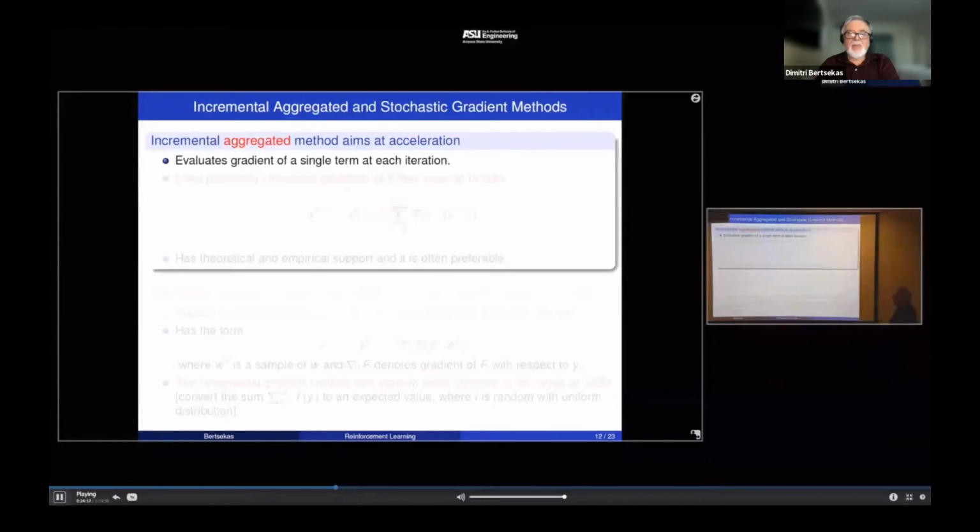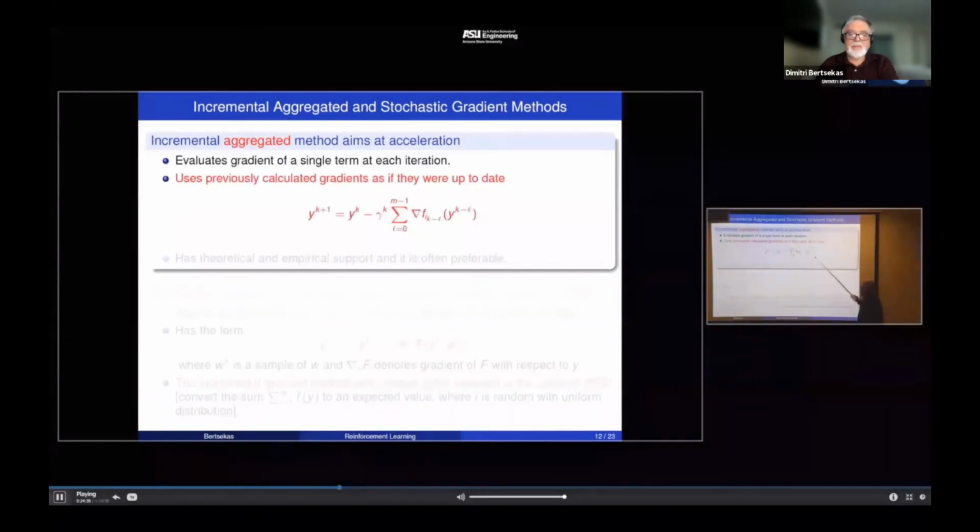Now, there are variants of this incremental gradient idea. There's a method called the incremental aggregated gradient method. This one aims at acceleration, and instead of using a single term, it evaluates the gradient of a single term at each iteration but uses multiple gradient terms. This formula is a little complicated. Note that at the current iterate, we're using the sum of gradients, but these are gradients at the current point, but also the gradients that you calculated at previous points.